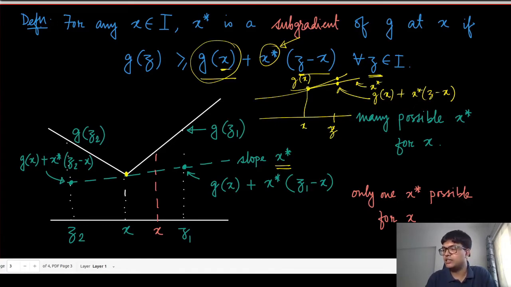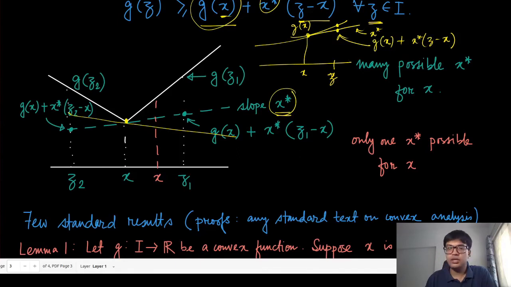So this is one x star, which is a subgradient because it keeps the entire curve above it. But you can also think of another subgradient which is also keeping the curve above it. So there could be many subgradients which are possible. The one observation that we would like to make is about the points where it is actually differentiable. So let's say a point like this red colored x.